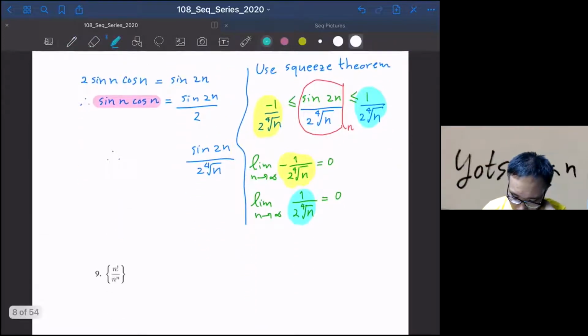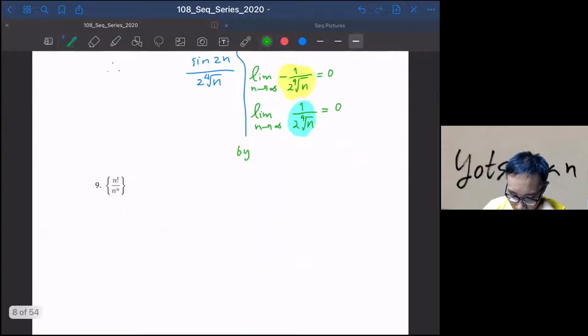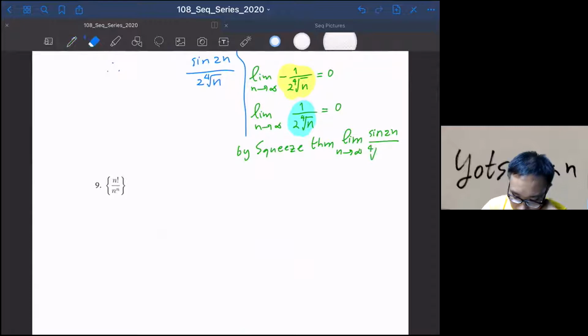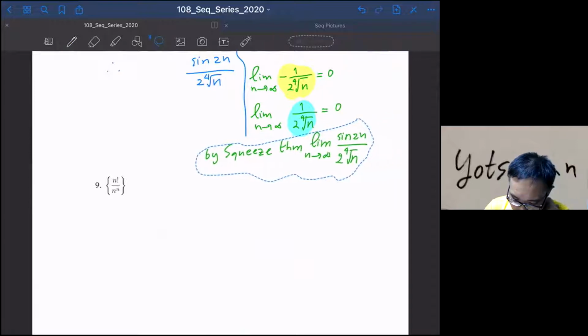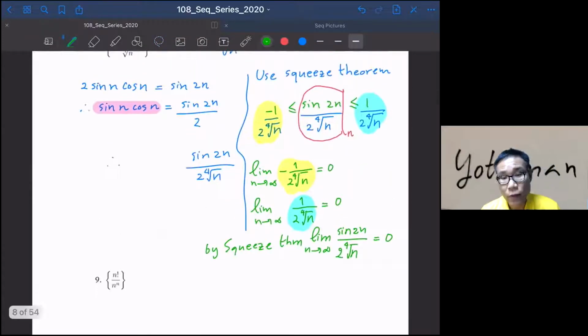So by the Squeeze theorem, the limit of the middle guy, sine 2n over the fourth root of n, turns out to be equal to 0.